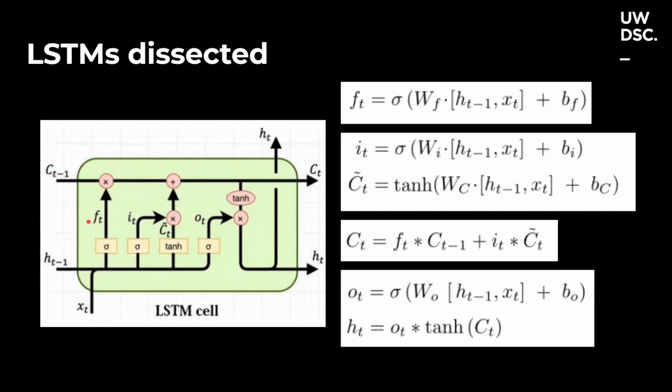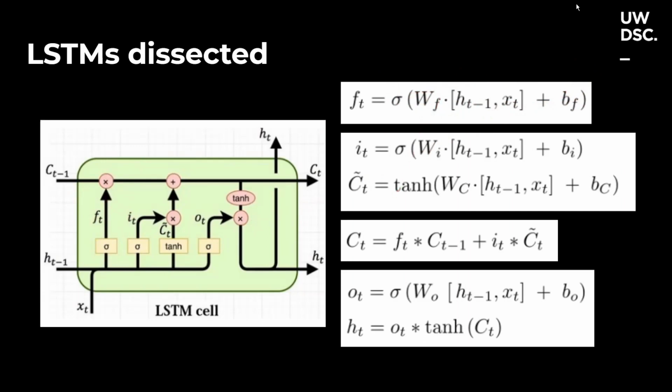In this case, it selects what to forget, because if you output more zeros, then it'll forget more stuff, and if you output more ones, then it'll remember more stuff. That's the forget gate. The equation used is the first one here: the weight multiplied by the inputs, and bf is just a bias. Think of it as y equals mx plus b. B is just bias, also sometimes part of the weights, and it's also learned. Then you put a sigmoid function over it to generate something from 0 to 1.